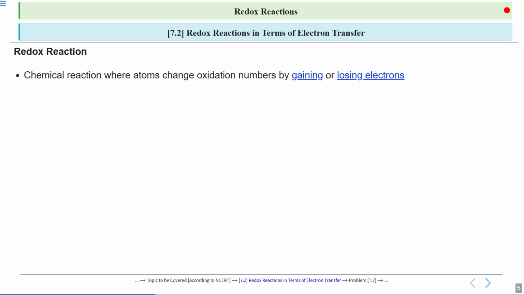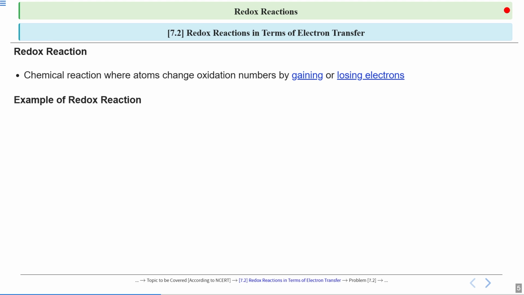Either the oxidation number would be increased or decreased by gaining or losing electrons. Hence, we can conclude that in redox reactions, there is change in oxidation number by gaining or losing of electrons.